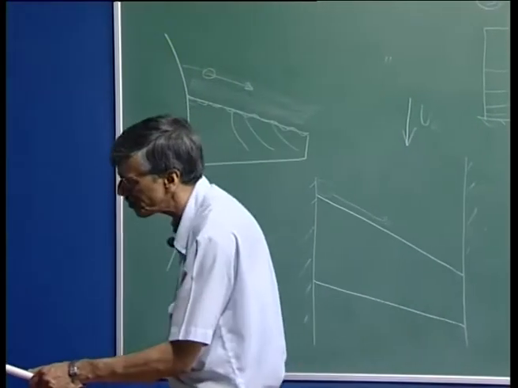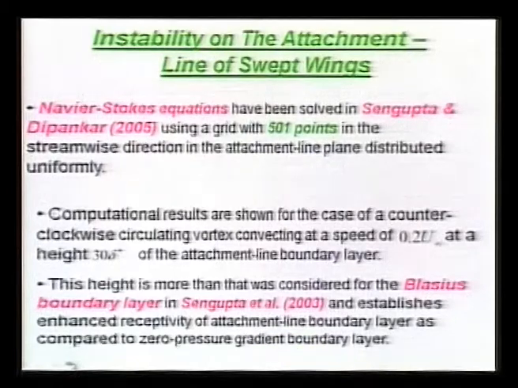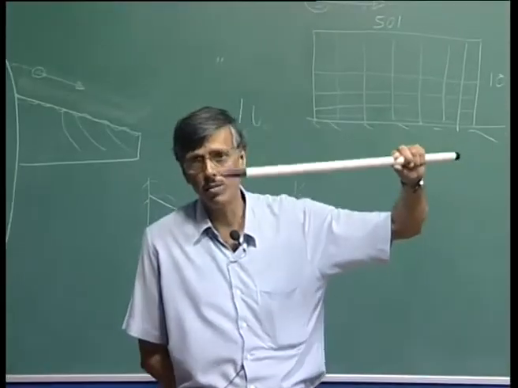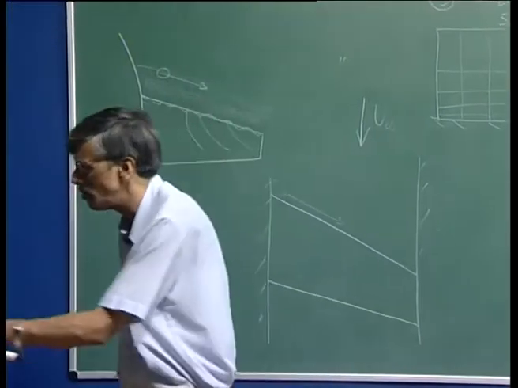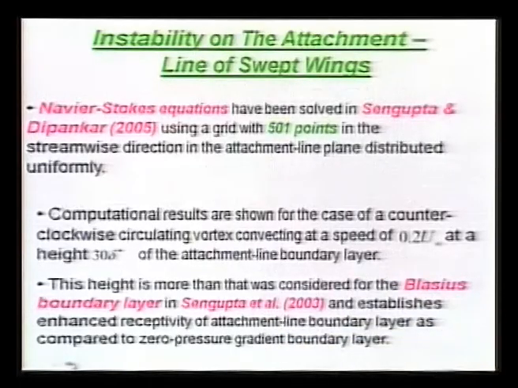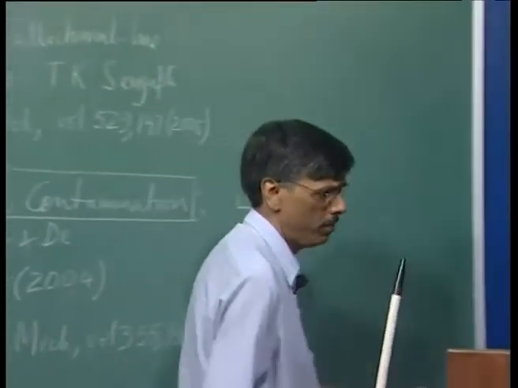So, basically we purposely took it a little more than what we had done in the previous experimental case to show that even this attachment line profile has a little higher receptivity, because we are keeping the vortex a little farther away. Okay. So, as compared to the zero pressure gradient boundary layer, we have purposely taken this height to be a little more. Okay. So, this is what you see.